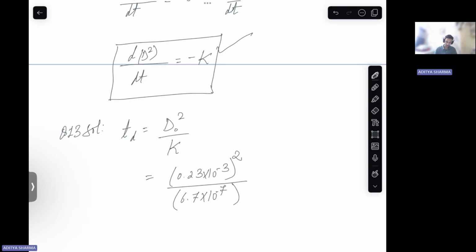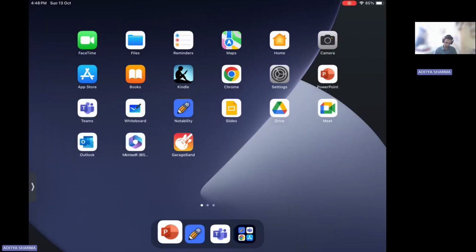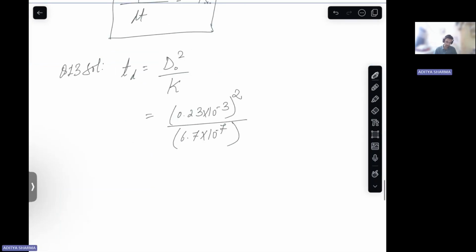Let's see the question again. Okay. In SI units. So now if you solve this, this will come out to be 0.078 seconds.